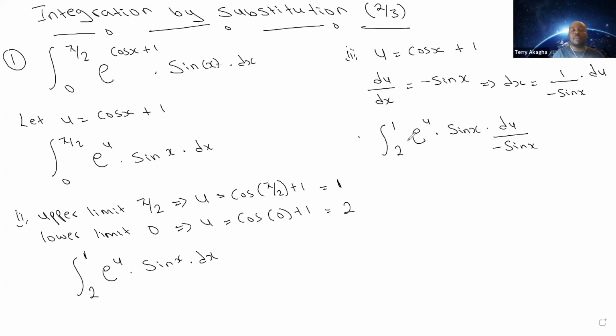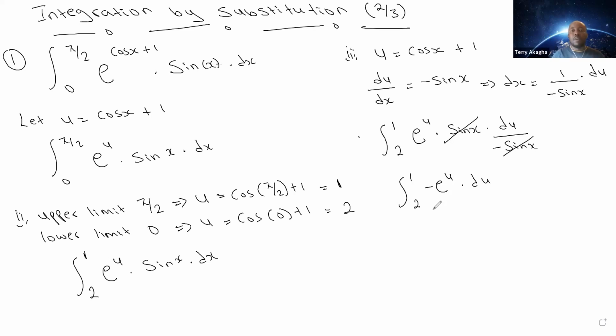Now the sine x cancels the sine x, and it's going to give you the integral from 1 to 2 of minus e to the u du. Remember, you have a negative sign there, so if you remember what we talked about, you bring the minus out. If you integrate exponential, it still gives you the same thing. Is that okay?